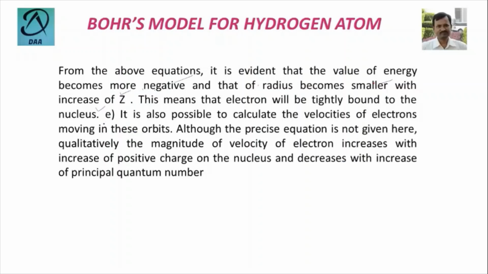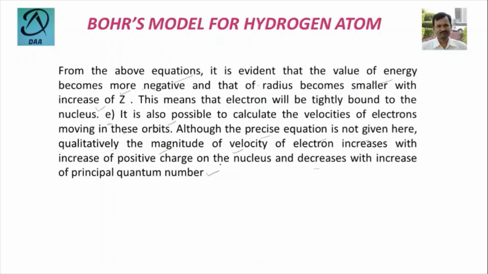And point number E, it is also possible to calculate the velocities of electrons moving in these orbits. Although the precise equation is not given here, qualitatively the magnitude of velocity of the electron increases with the increase of the positive charge on the nucleus and decreases with increase of the principal quantum number.